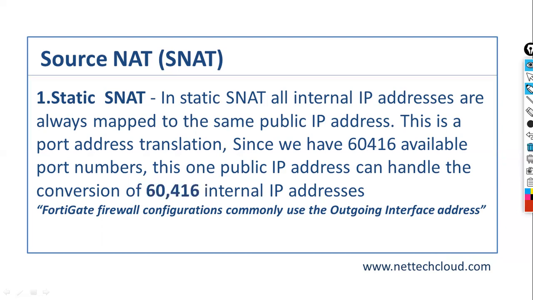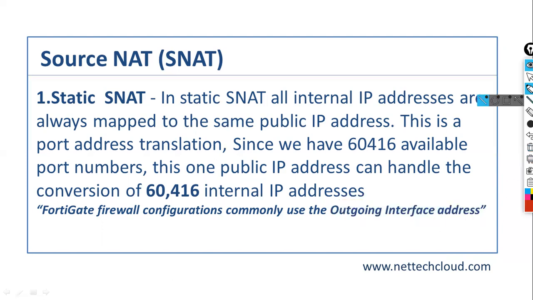This way the number of concurrent translations gets increased. But by default in FortiGate firewall, the outgoing interface IP is used in NAT translation. That means many to one translation, and internal IPs are translated with the firewall external interface IP.